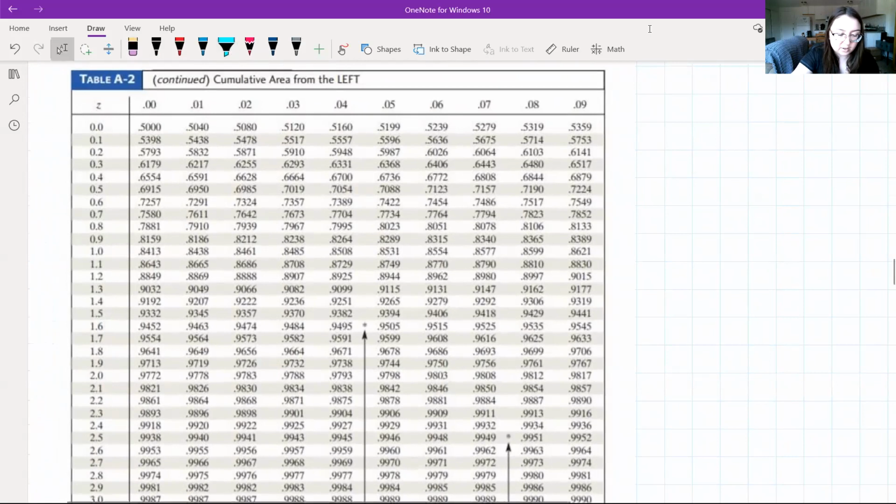If we start in our first column, we have z, which is 0.0, 0.1, 0.2, 0.3, 0.4, 0.5. So now we can highlight this row. And we want 0.50, so we also have to think about the column of 0.00.